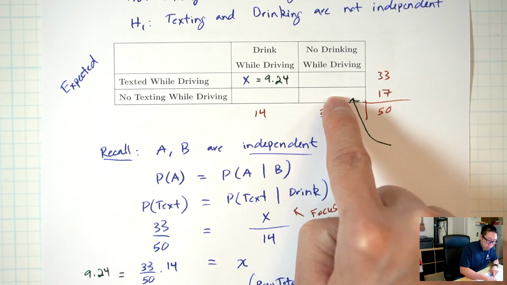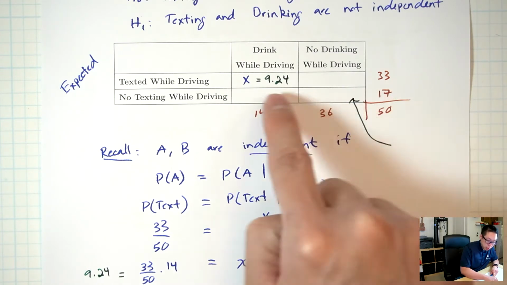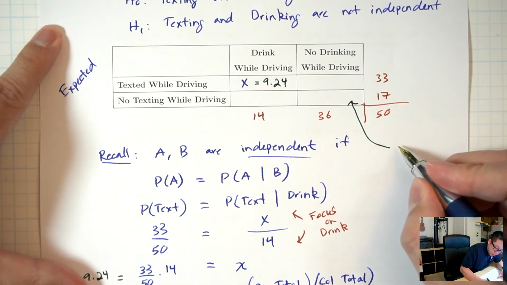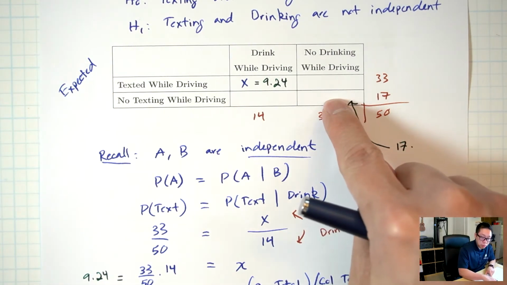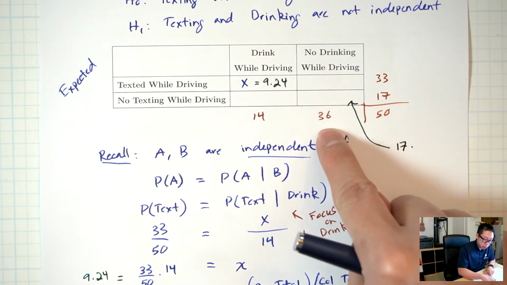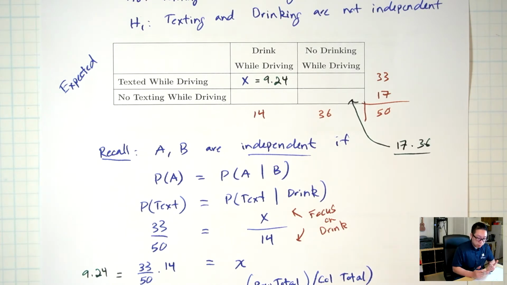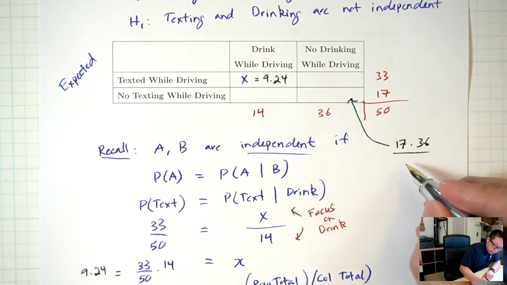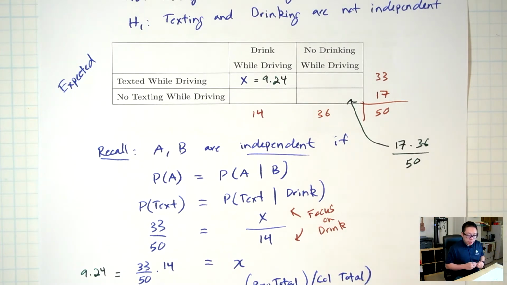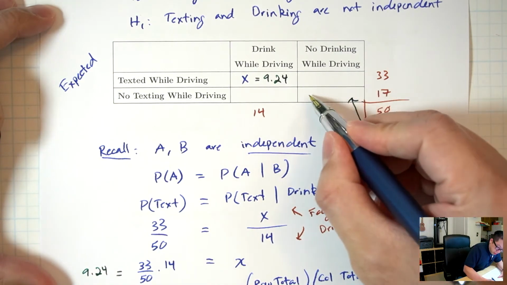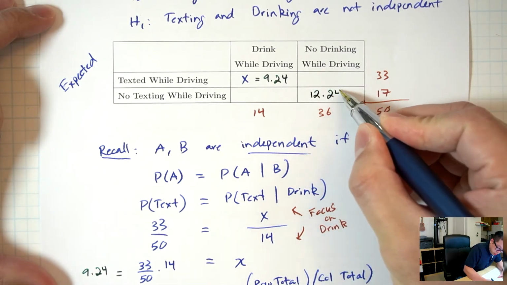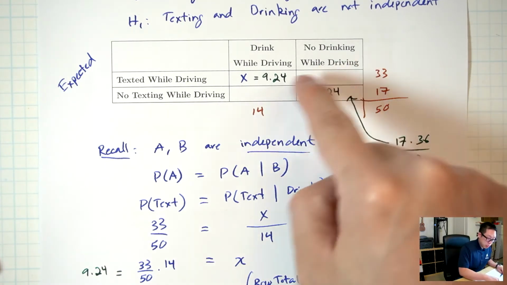The total of the row that contains this box would be 17, times the column total of this box, which would be 36, and then divide by the grand total, which is 50. 17 times 36 over 50 is 12.24. And that's how you fill in the other two boxes also.